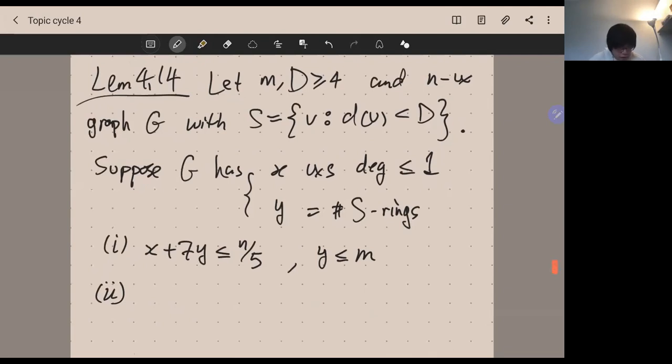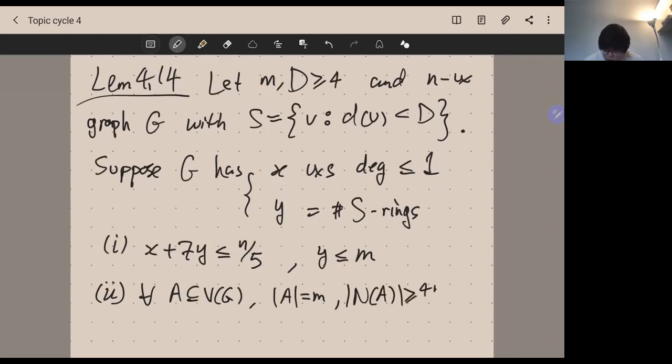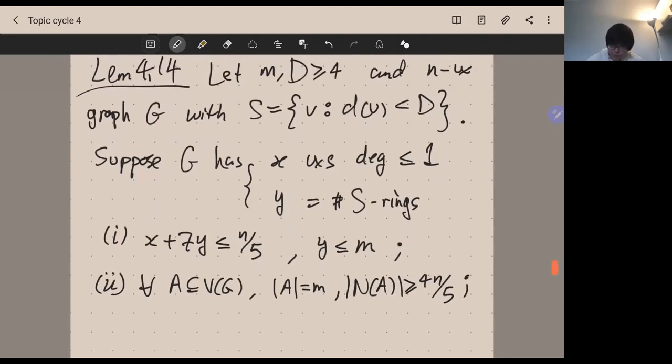Second condition is large set expansion: for any A, as long as it reaches size M, then its external neighborhood reaches 80% of the vertices. Last one is no dense patch, upper uniformity.